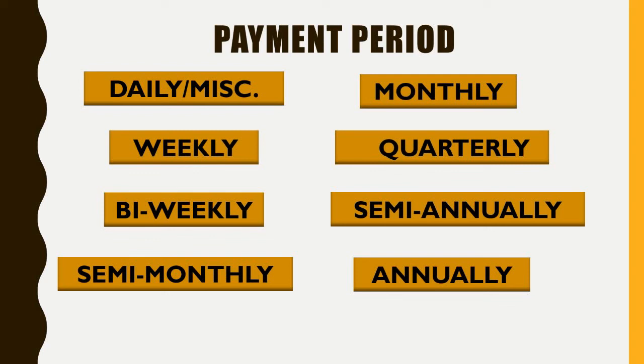Oftentimes everyone gets paid on a Wednesday or Thursday or Friday, every week. And then bi-weekly means getting paid every 2 weeks. This is typical for a lot of companies because they pay every other week. Usually it's on Fridays, right?